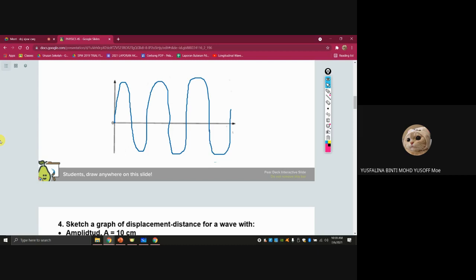So this is the amplitude. Oh, we can change the thickness.